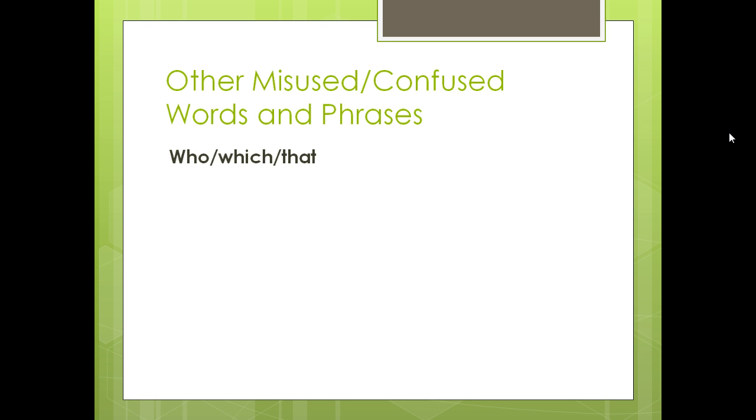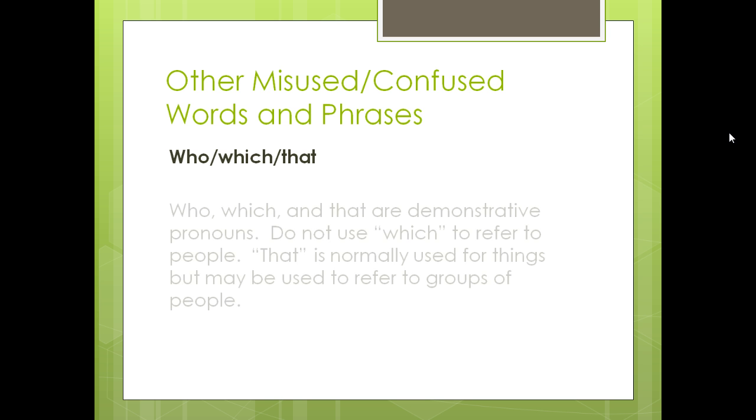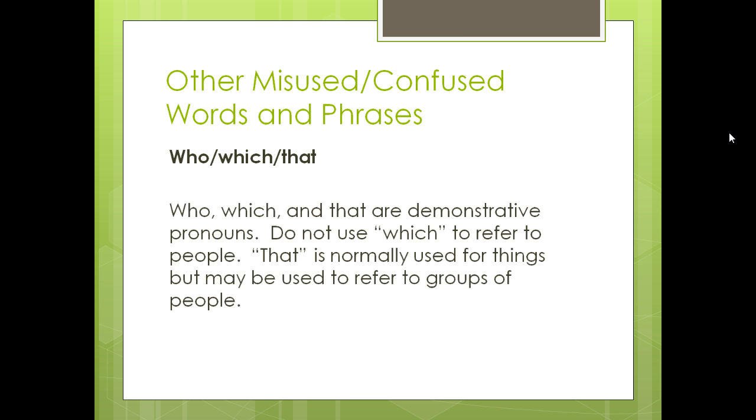Who, which, and that are also commonly misused. These are demonstrative pronouns. What you need to remember is do not use which to refer to people. Usually you use who to refer to people. That is normally used for things, but it can be used to refer to groups of people.